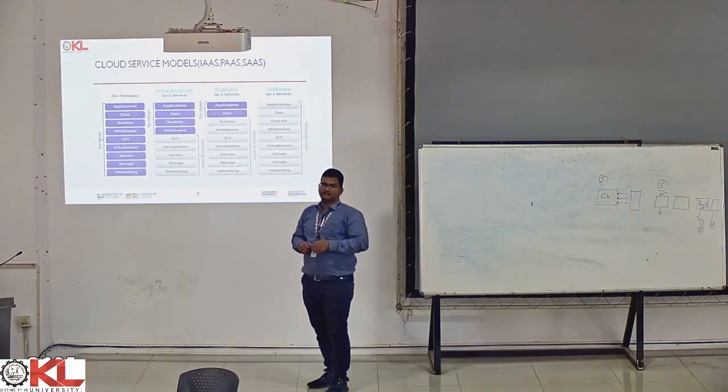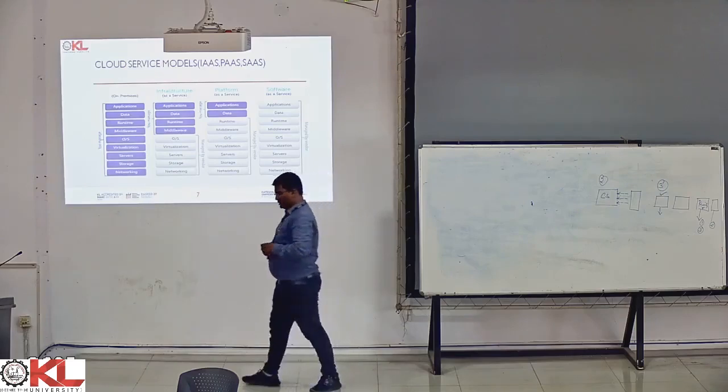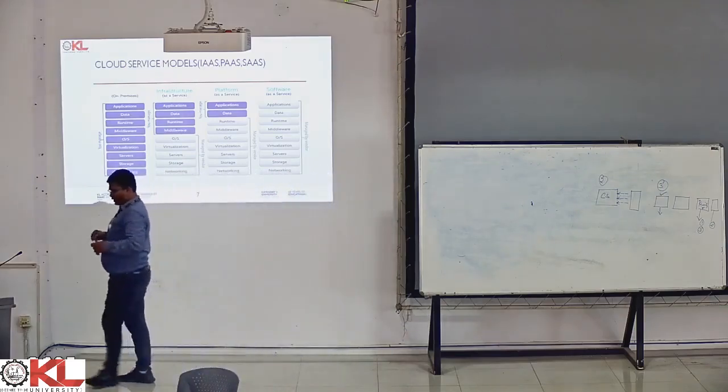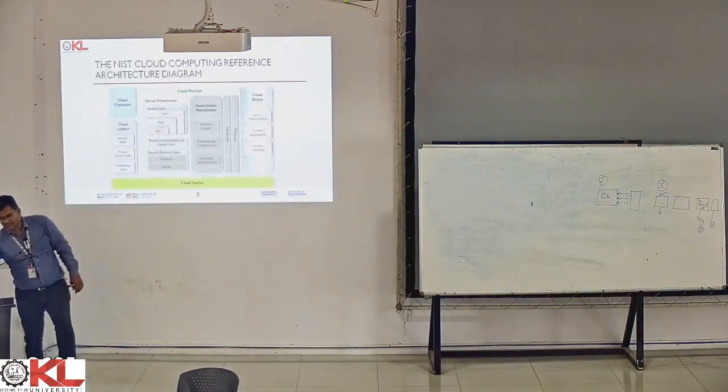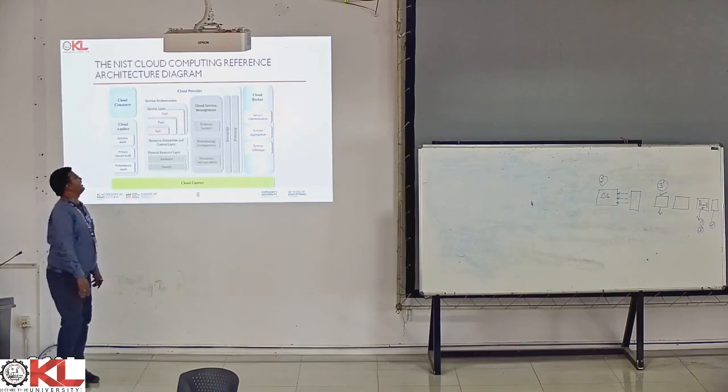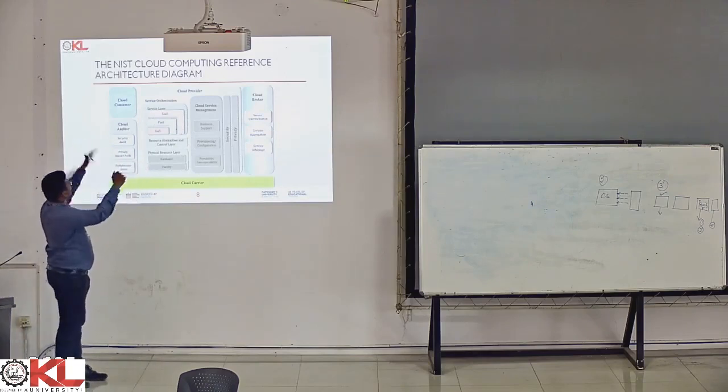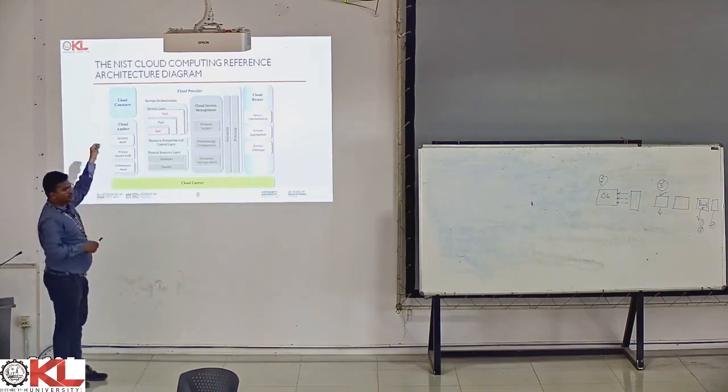Your Gmail, your mail services, these come under cloud service models. Many more are there when you deep dive into it. Similarly, this is the final architecture given by the National Institute of Standards and Technology.